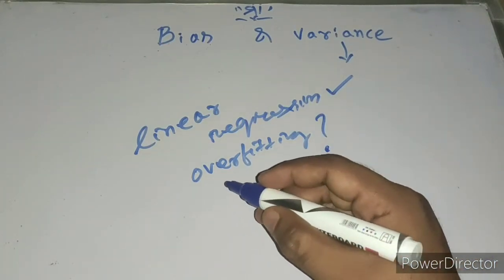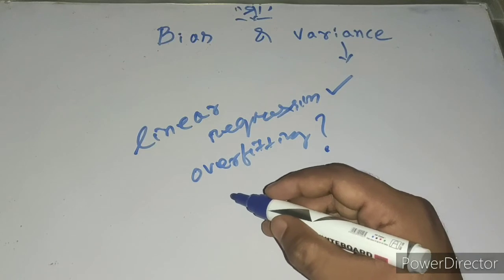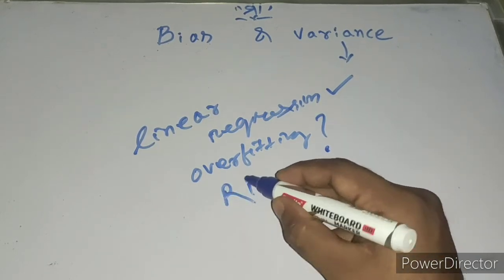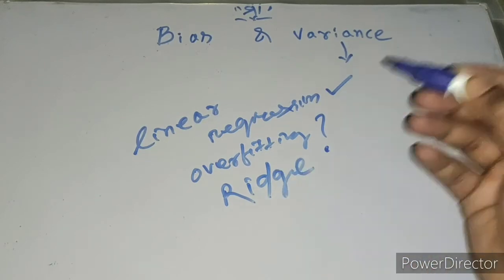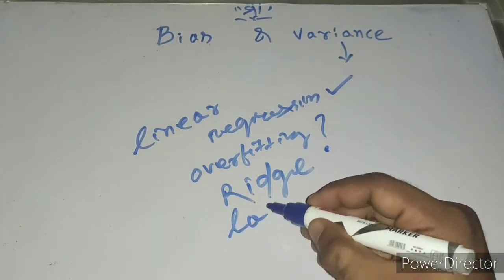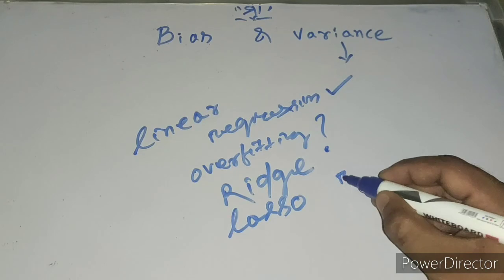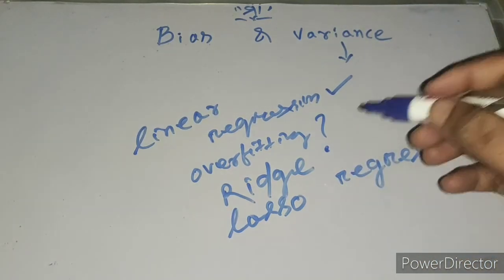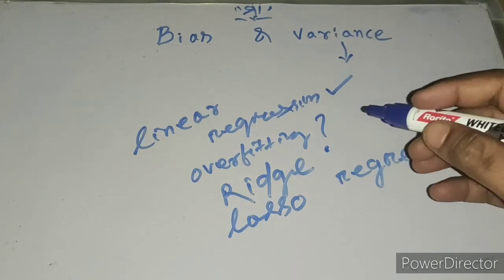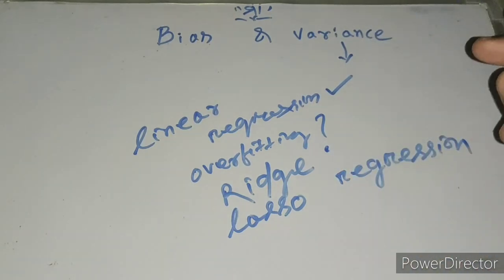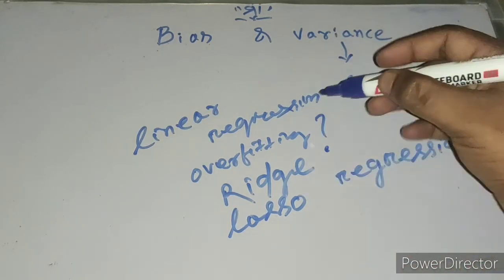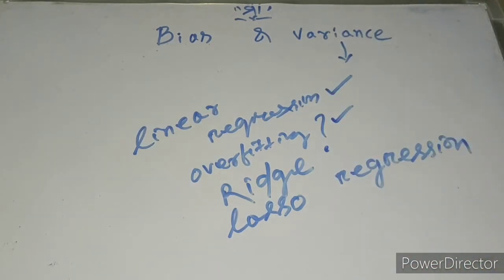Yes. During that time, there are two different algorithms. One is known as ridge and lasso regression. Ridge regression and lasso regression. These are two different algorithms which we can implement to overcome this overfitting issue.